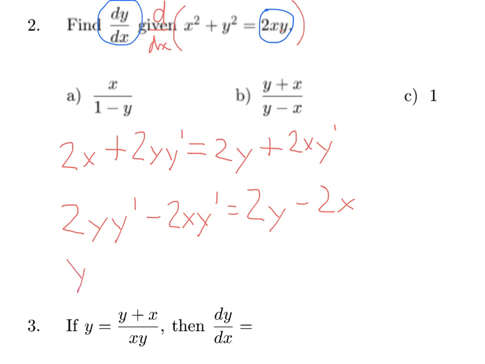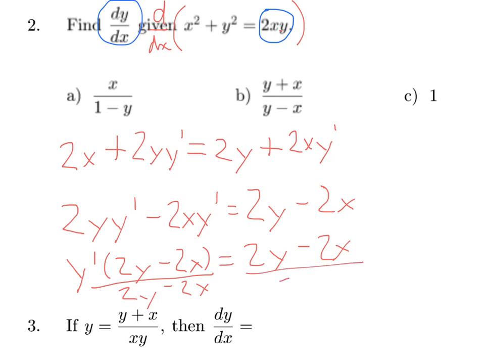Factor out a y prime on the left. Y prime times 2y minus 2x equals 2y minus 2x. When we divide by 2y minus 2x, we see that y prime is 1.